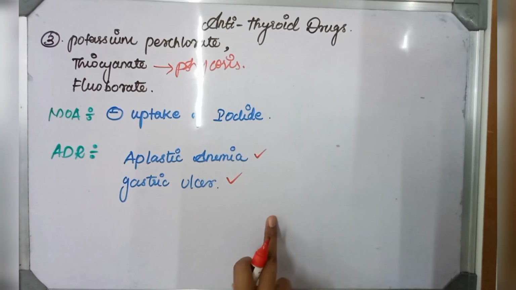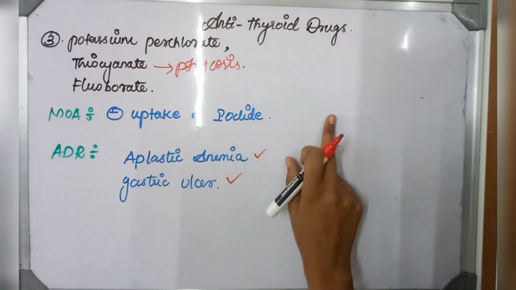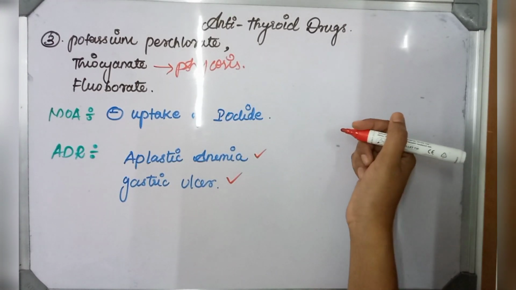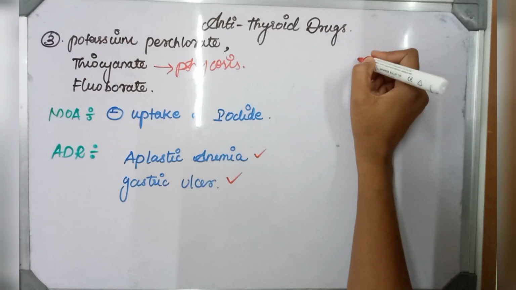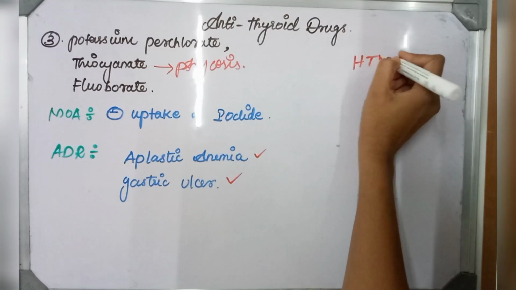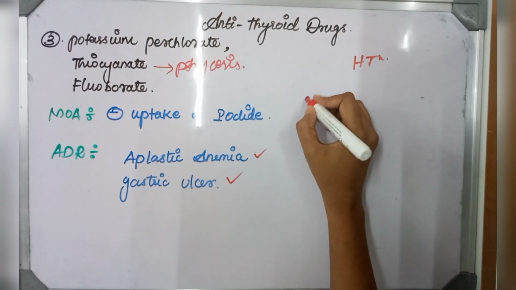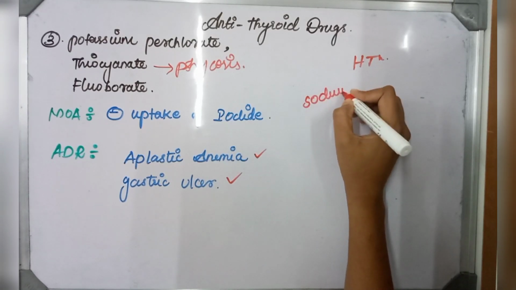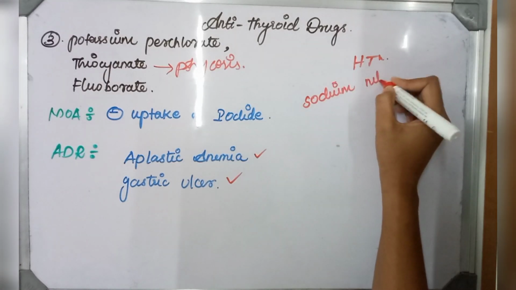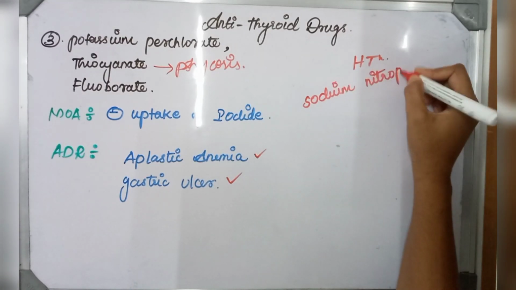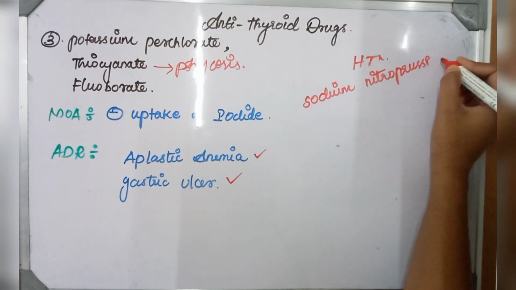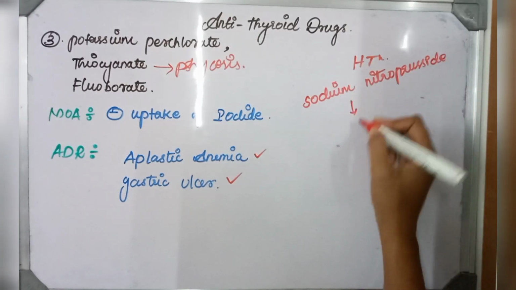And one of the things I have to mention here is that if a person having hypertension is taking the drug sodium nitroprusside, we already know that sodium nitroprusside has a cyanide group.